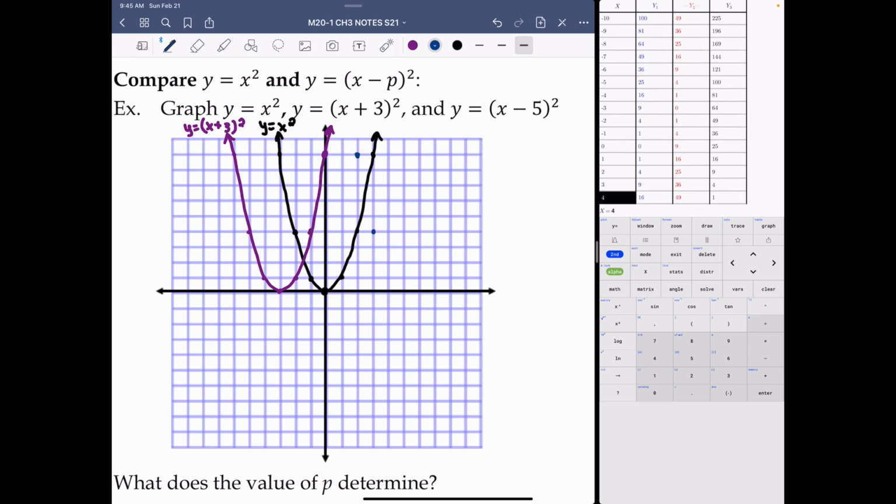When x is 4, y is 1. When x is 5, y is 0. When x is 6, y is 1. When x is 7, y is 4. And when x is 8, y is 9. Attach those points. And that's the graph of y equals bracket x minus 5 close bracket squared.